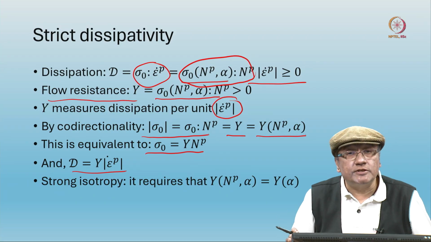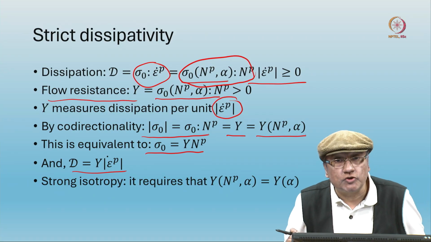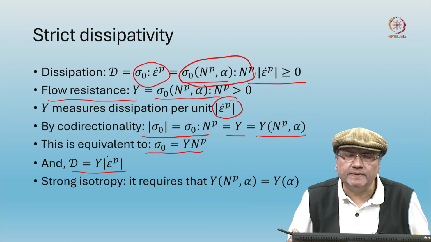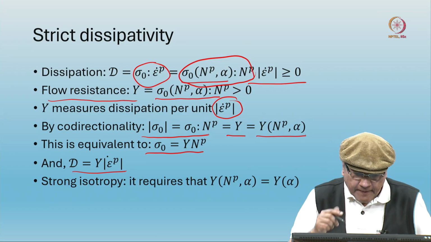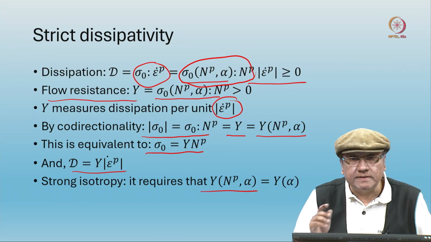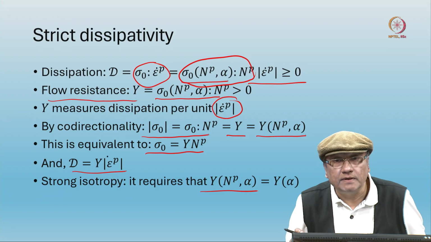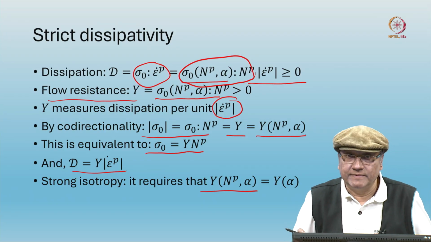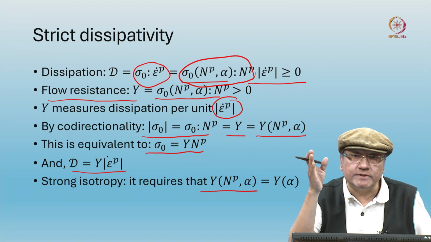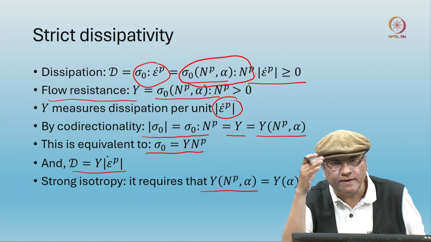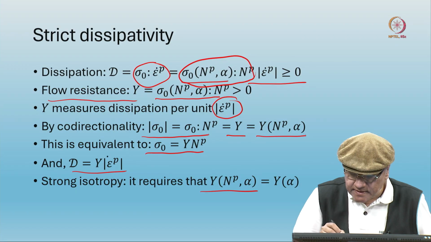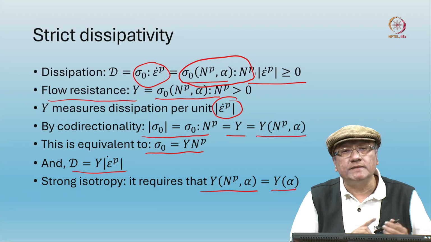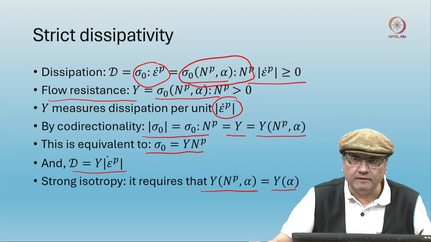Now, there is also an extra assumption of strong isotropy in classical plasticity. That means we often assume that this flow resistance is independent of NP, the flow direction. That means irrespective of which direction plastic flow is occurring, Y is always independent of that, and therefore Y only is a function of the hardening variable alpha.